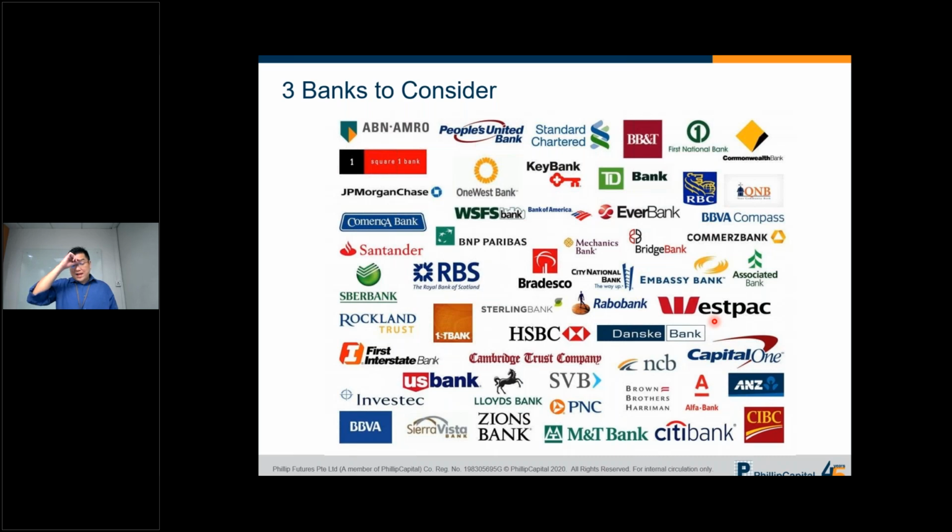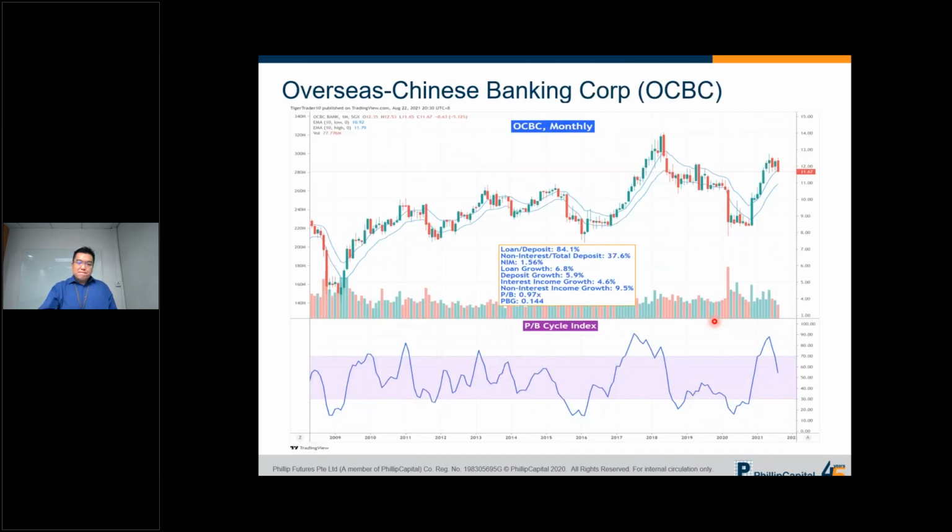So, three banks to consider: one from Singapore, one from the Hong Kong side, and one from the US. For Singapore, my preference is actually OCBC. Just now you saw the comparison. It seems that individually DBS or UOB has performed well, but in totality I prefer OCBC.